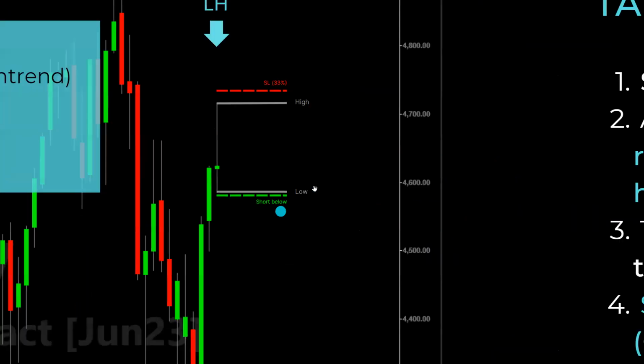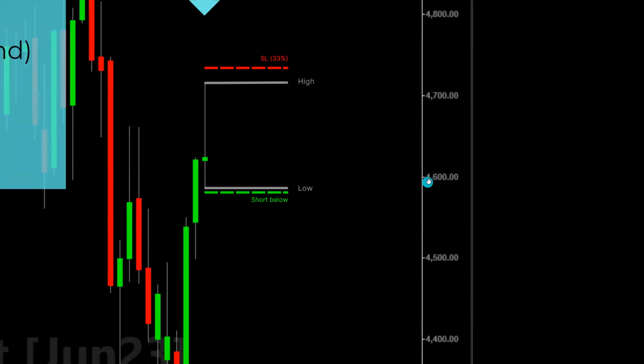That means our low is here, for example, 4,590. Our short will be 4,585. Okay, 85, 86, 87, up to you to avoid fake outs. If we see weakness, if we trade below, then we are looking for momentum, not fake outs.